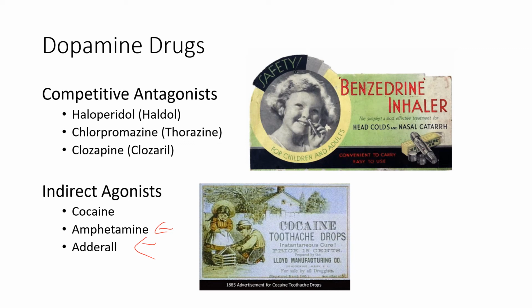And Adderall, being an indirect agonist, basically increases that dopamine pathway. By increasing that dopamine pathway, it regulates it such that people with ADHD then have a better ability to focus their attention. Amphetamine and cocaine on the other hand, yeah, I can say cocaine.